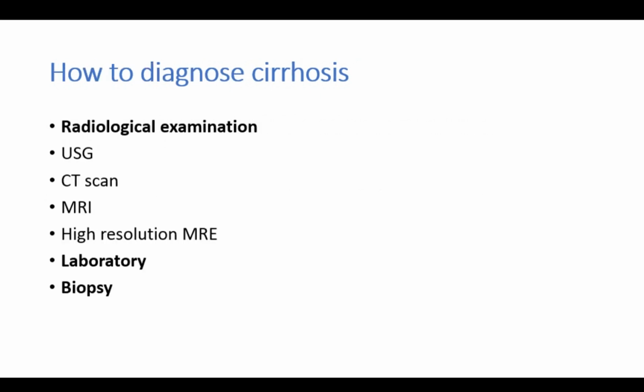We have different ways to diagnose liver cirrhosis. For example, radiology, such as ultrasonography, CT scan, MRI, and high-resolution MR elastography, which is a new technique. And other than radiological techniques, we have laboratory tests and biopsy.